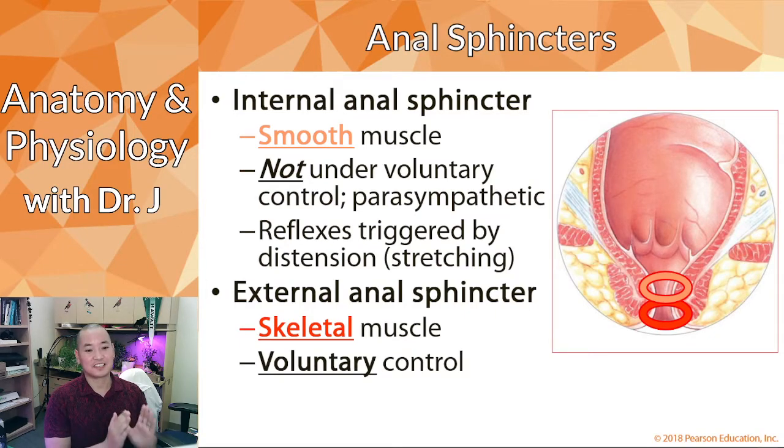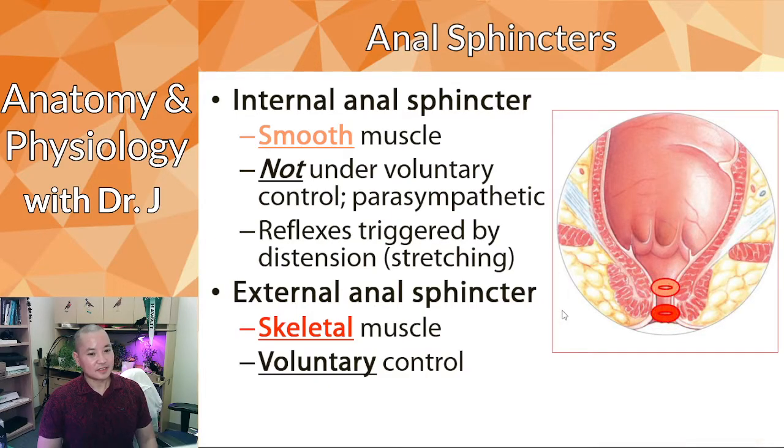You want control of this because even though this part right here is involuntary and just goes on to the external anal sphincter, when it's there, that sends the alarm signals like, hey, you have something coming down the chute. You better get to a bathroom quick because this stuff is here, it's ready. So this is why it's good to have a voluntary external anal sphincter so that you can get to safety and then you defecate where you need to. You can defecate safely and where it's sanitary.